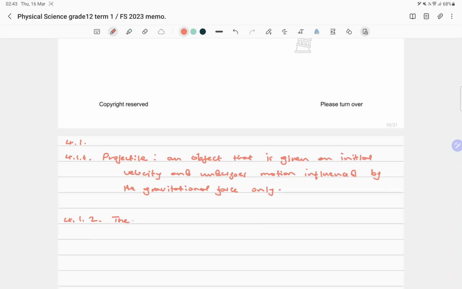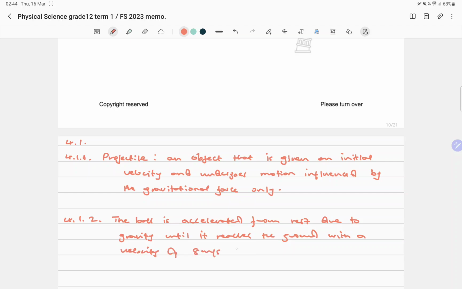So we can say the ball is accelerated from rest due to gravity until it reaches the ground with a velocity of 8 meters per second downward at point B. Okay, I don't know, something is not happening the way I want it.